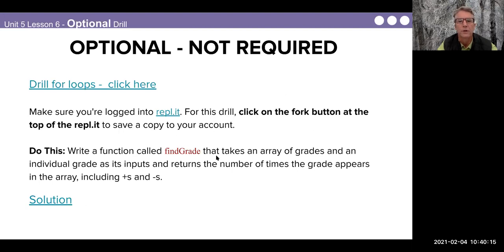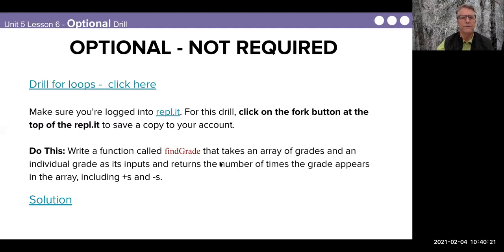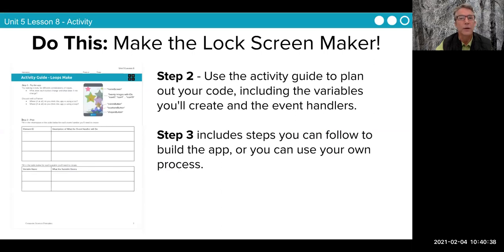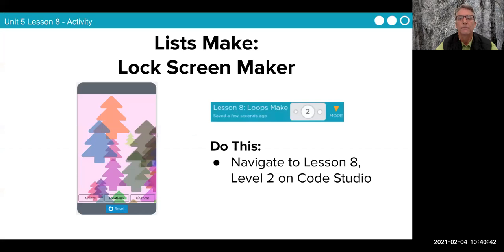Do this: write a function called find grade that takes an array of grades and an individual grade as its inputs and returns the number of times the grade appears in the array, including plusses and minuses. I am not sure what that is. That is my friend Nathan, who is an incredible coder. If for some reason you get your app done and have time to spare, please feel free to try that out. I am not expecting it.